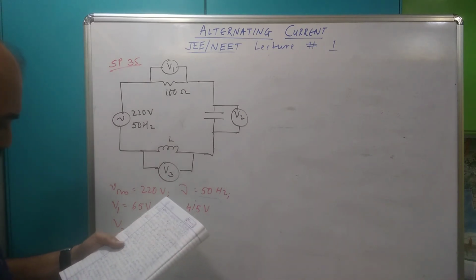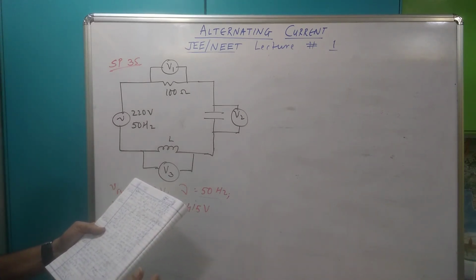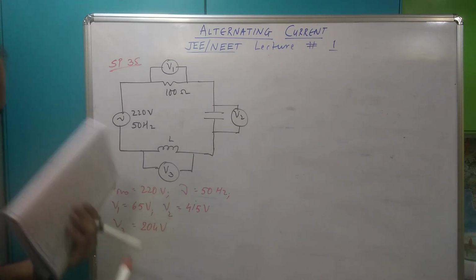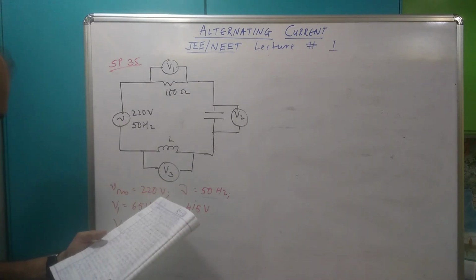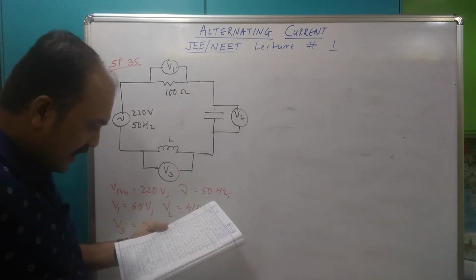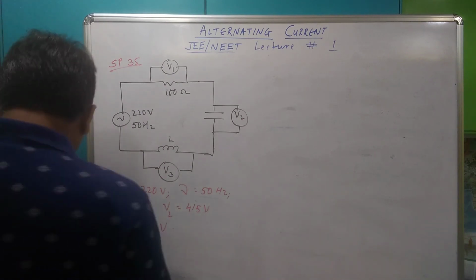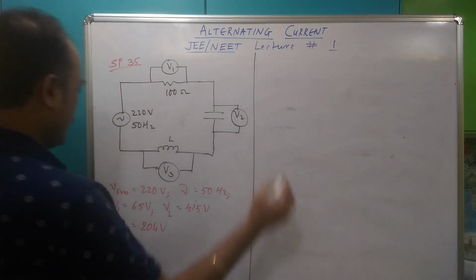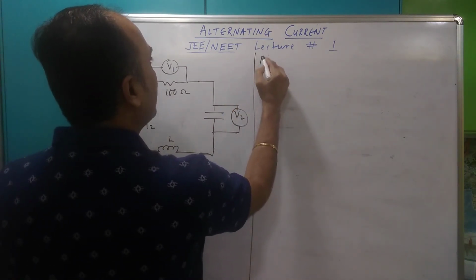What do they want? Calculate current in the circuit. सबसे पहले, what do they want? Current in the circuit. पर कुछ impedance वगैरह तो दे रहे बाबा, पहले तो सब कैलकुलेट करना पड़ेगा अपने को. ओके, सबसे पहले तो given R दिया हुआ है 100 ओम.